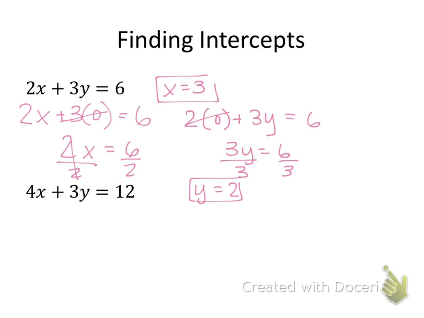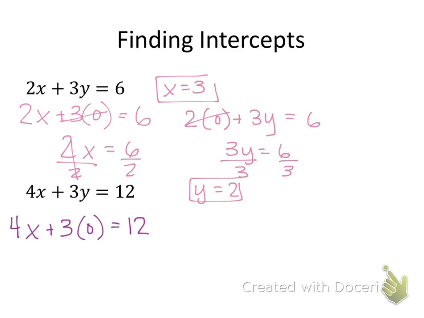Now we'll graph them later on in the next example, but for right now I want you to do the next problem on your own, and I want you to tell me what the x and what the y-intercept is. Okay, Mary, if I wanted to find the x-intercept, what would I do? Plug in 0 for y. Very good. So we have 4x plus 3 times 0 equals 12.